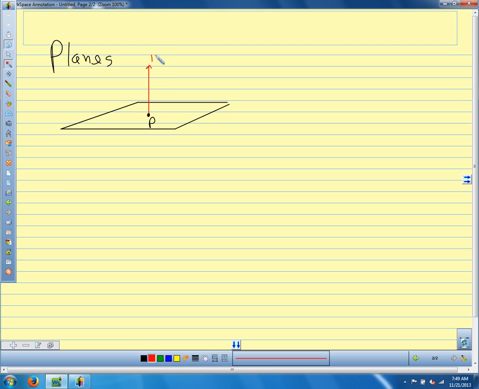We'll call that N. And I'm going to put another point in the plane, Q. And we'll draw the vector PQ in the plane. So there's our vector PQ. And N is normal to PQ. Normal to the plane, so that's a 90-degree angle.